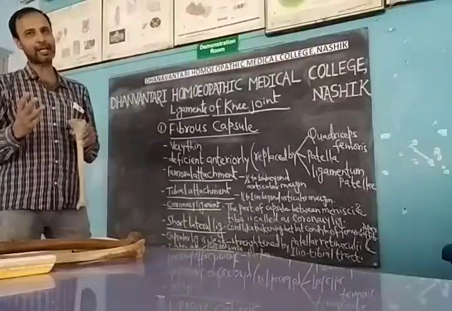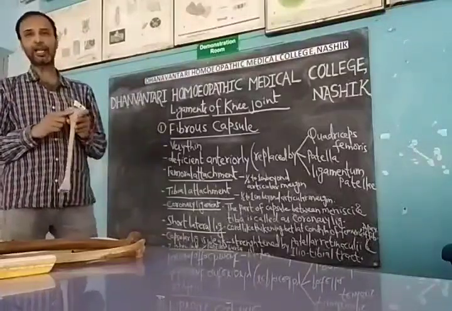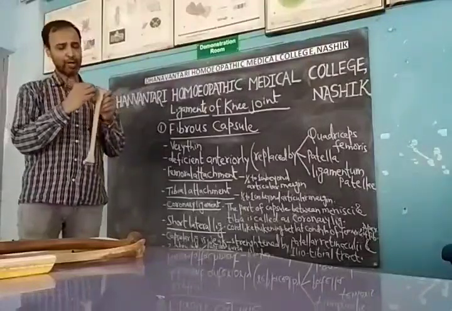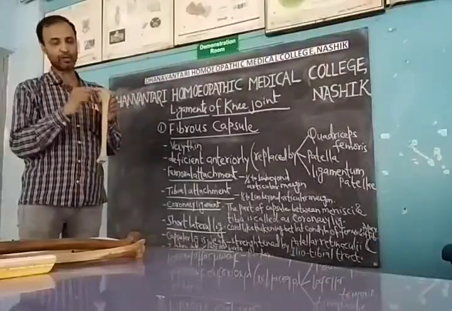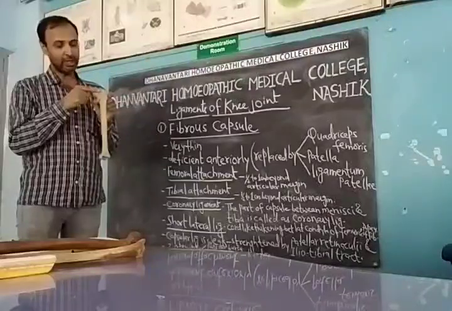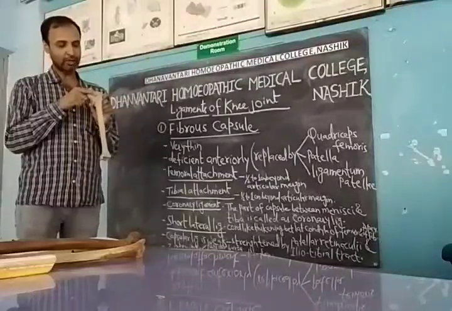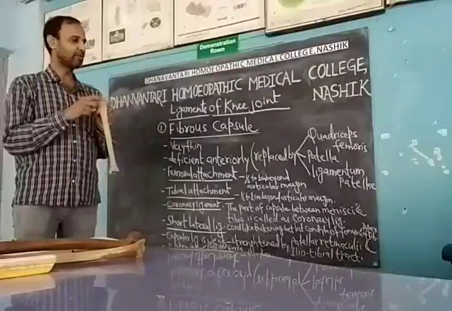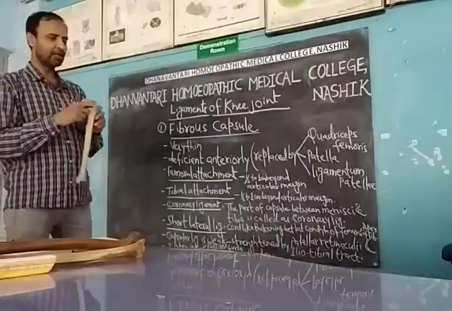Now again, here also there are three characteristics. Anteriorly, again we say it is deficient, but it descends down along the condylar margin to the tibial tuberosity, and then it is replaced here, at the tibial tuberosity, by the ligamentum patellae.